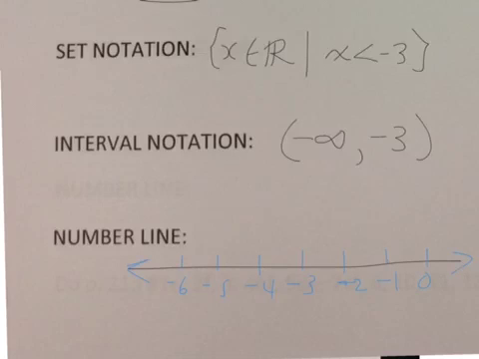Okay? So, since it's less than negative 3, no equal signs, we're going to just make sure we have an open point, and then we have the arrow pointing towards the left. Okay? All right, let's take a look at the next page. So I'm just going to pull out that file.